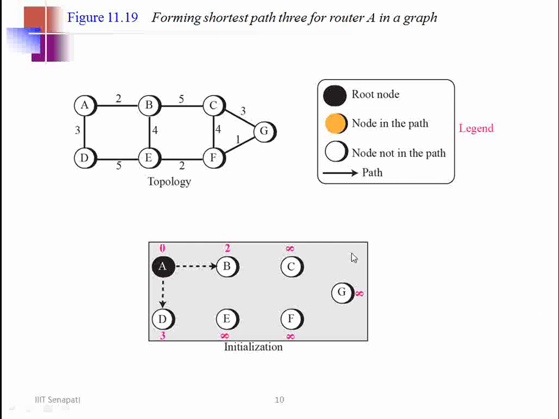Then you set the shortest distances from this selected node to all other nodes. Since there is a path from A to B and A to D, they are in reach. Shortest distance is 2 and 3. From A it cannot reach the others, so for other places it is infinity.